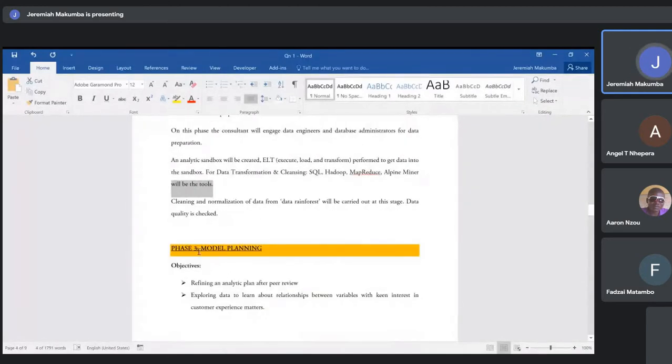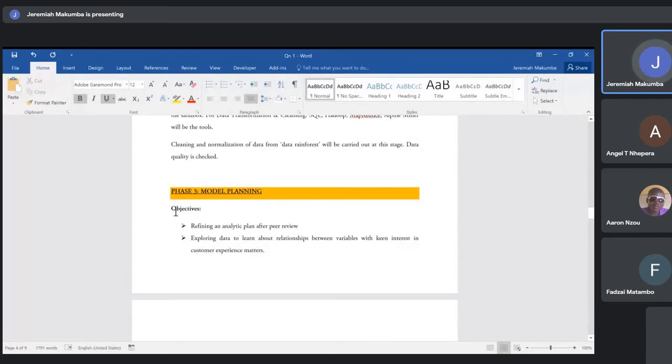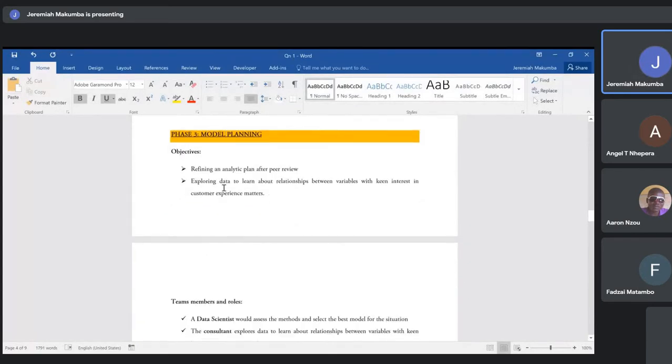Then phase 3, which is model planning. The objective of this phase will be refining an analytic plan after the peer review, as well as exploring data to learn about relationships between variables.